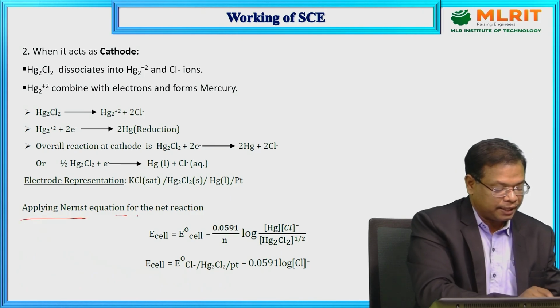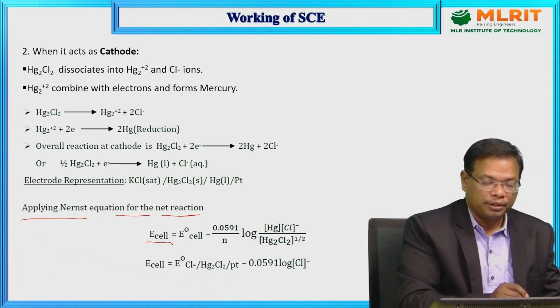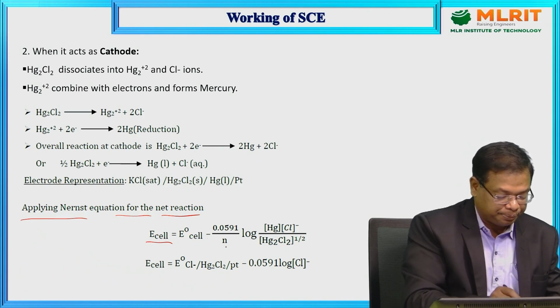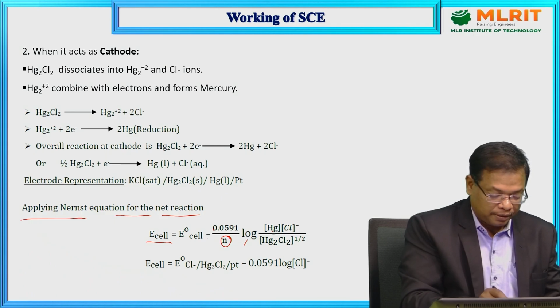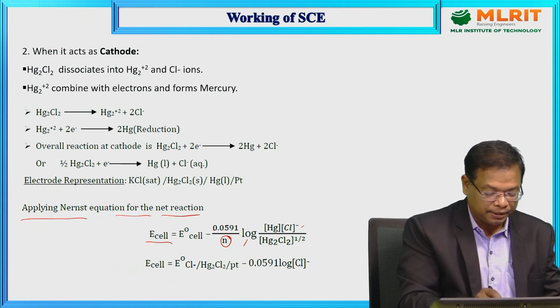Applying the Nernst equation for the net reaction, the electromotive force E cell is equal to E0 cell minus 0.0591 by the number of electrons transferred, times log of the concentrations of Hg, Cl- ions and the product Hg2Cl2.